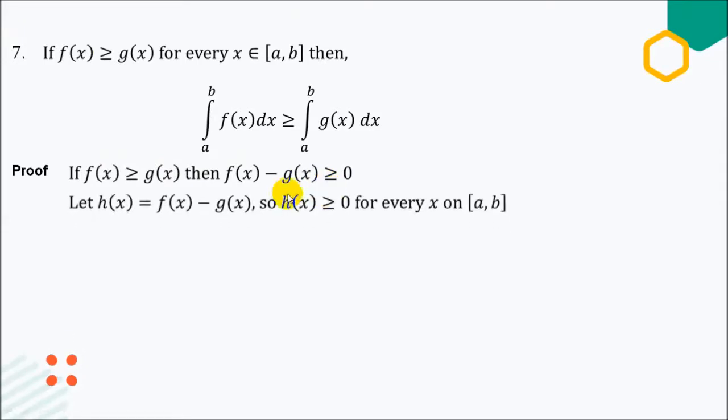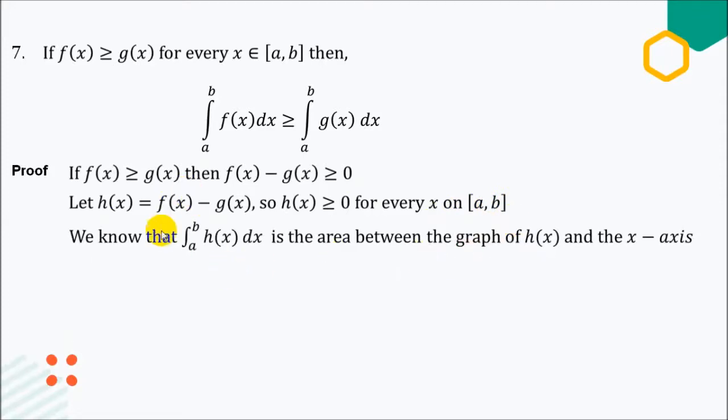So from here we can let f(x) minus g(x) be h(x), and h(x) is greater than or equal to 0 for every x on the interval a until b.